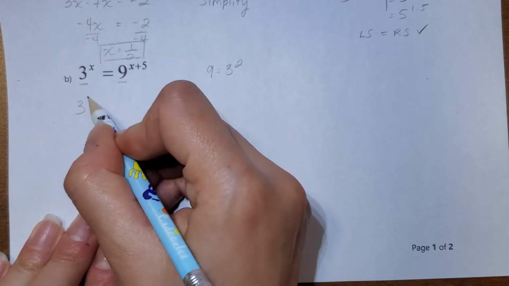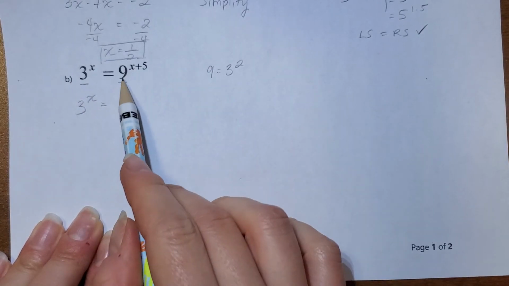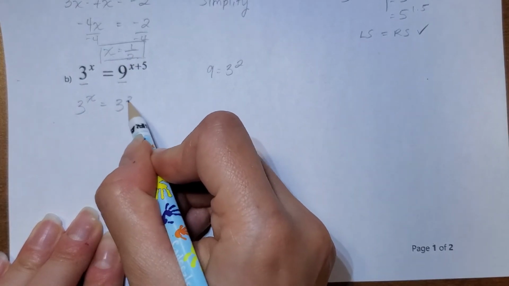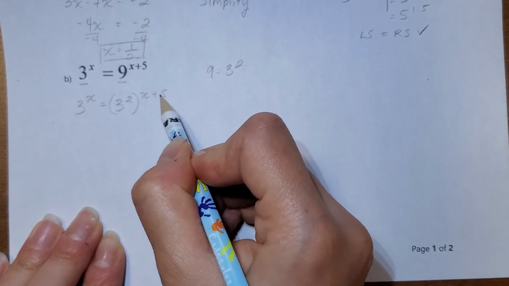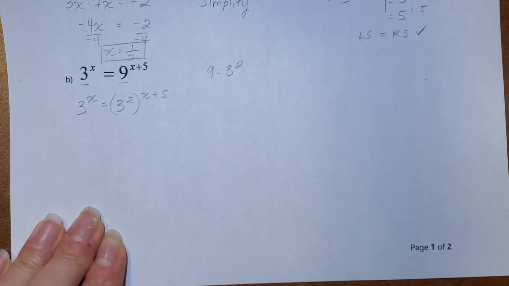So we can rewrite our base 9 to base 3, 3 to the exponent 2, to the power of x plus 5.